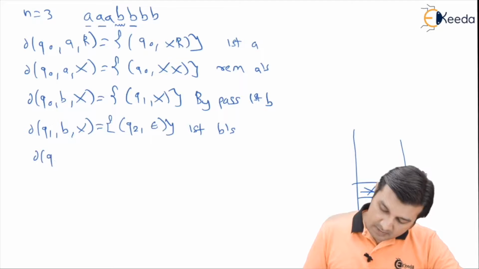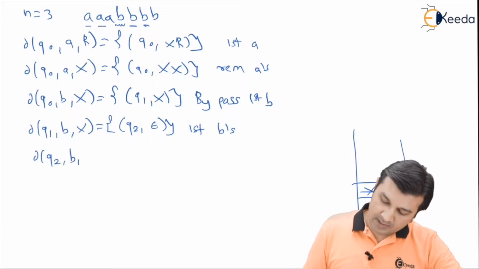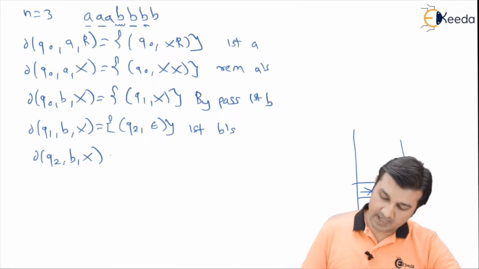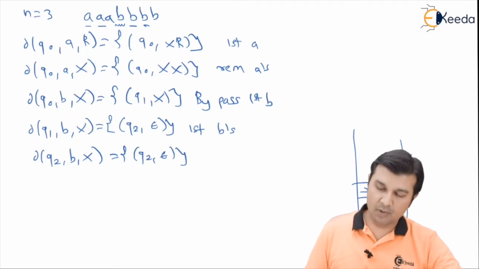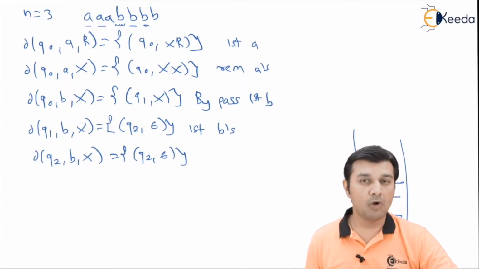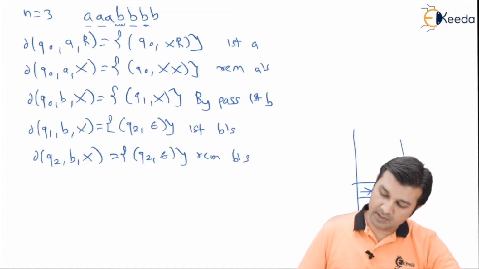Then I say I'm in state q2. Input symbol is b, stack top is x. I say remain in state q2 and please keep on performing the pop operation for all of the b's, signifying this is for my remaining b's.